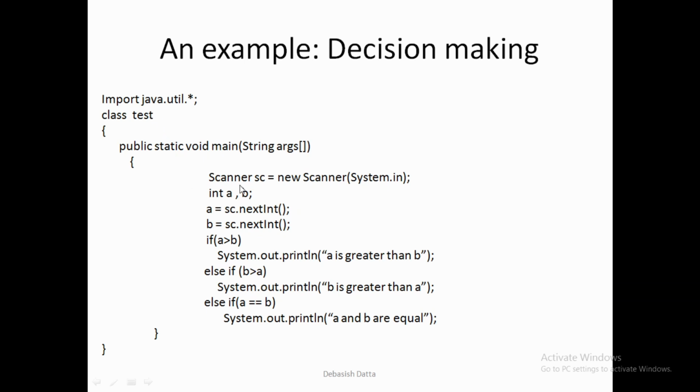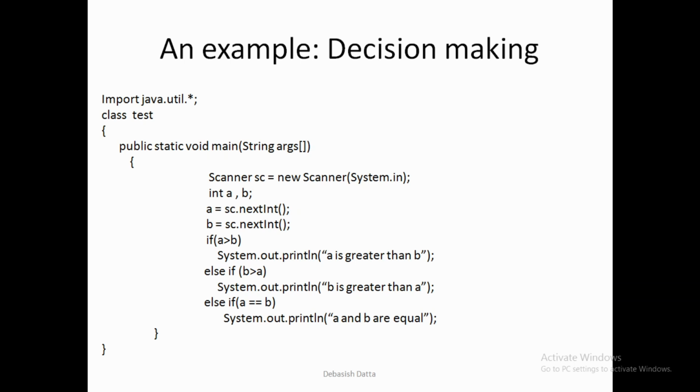Here also I have used the Scanner class to take input into two variables a and b, and I have compared these two values to check which one is greater or whether they are equal to each other, and displayed a message according to that. So this is how we can take decisions, and according to that we can perform certain work.